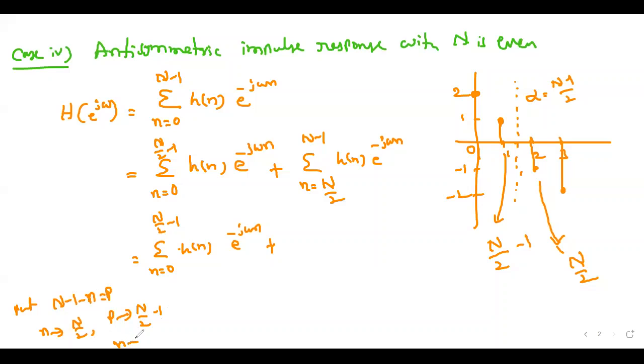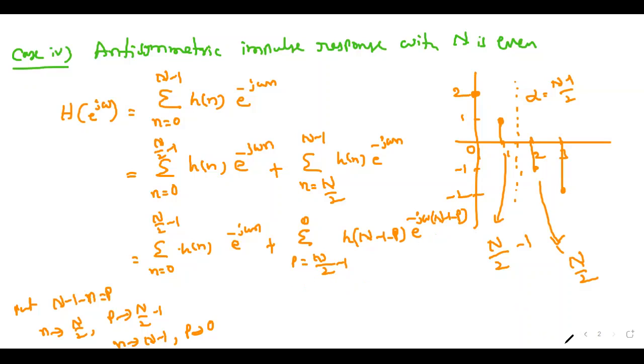And as n tends to the upper limit N minus 1, p tends to 0, since both terms cancel. Therefore, this summation can be written as p equal to N by 2 minus 1 to 0, h of N minus 1 minus p into e power minus j omega of N minus 1 minus p.